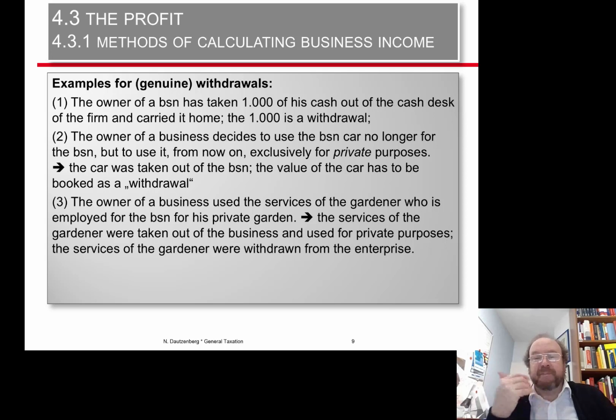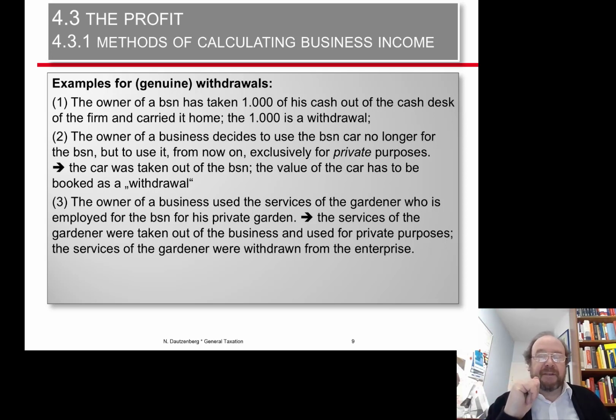The owner of the business may also use the services of the gardener who is employed for the business and might say, gardener, come and do my private garden. In that case, you withdraw, you use for private purposes the services of the gardener.